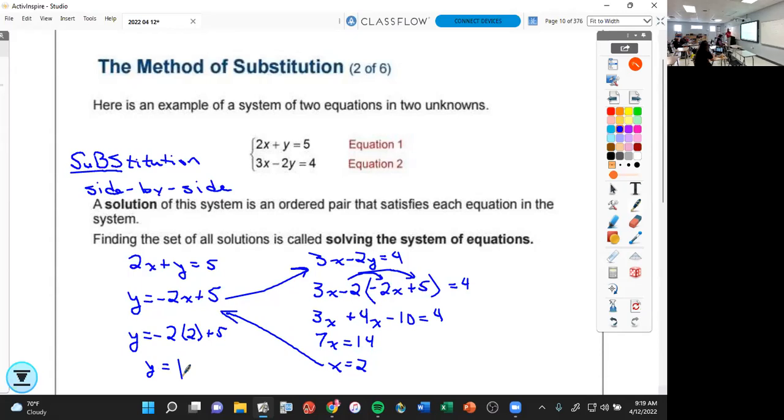So the solution to this system is a point. The solution is the point 2, 1, right? X comes before y, which means if I took that answer and plugged it into both equations, it's going to give me a true statement. Yeah, it's clearly a positive 1. So 2, 1 is the solution. Got it? Moving forward.